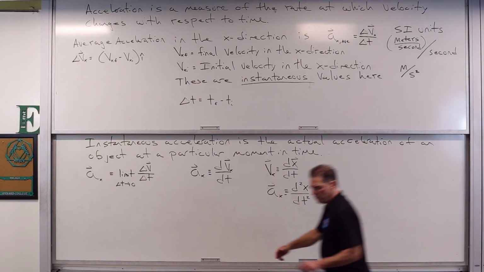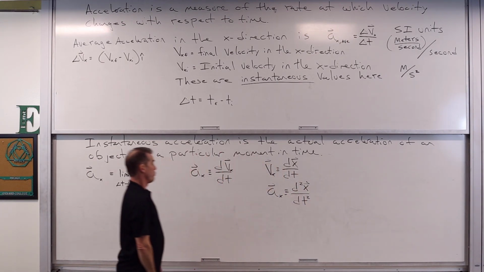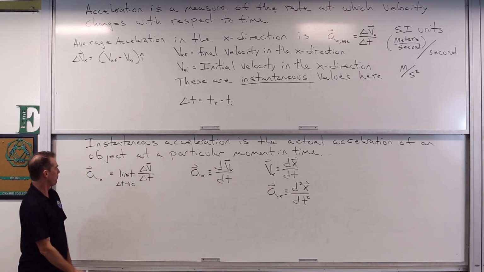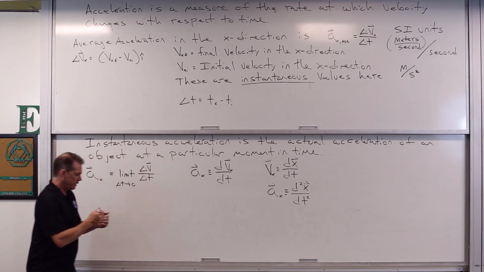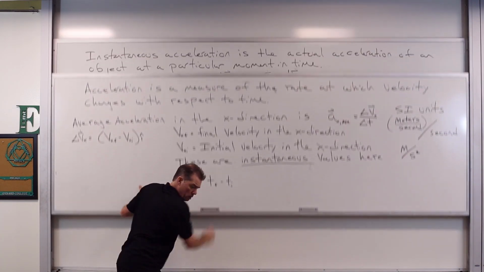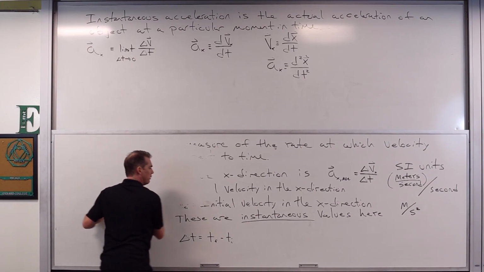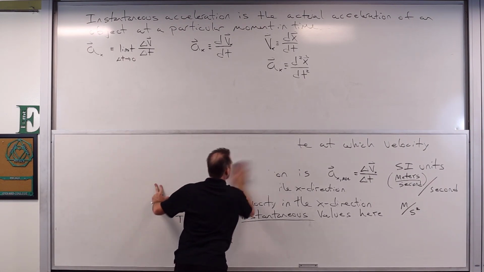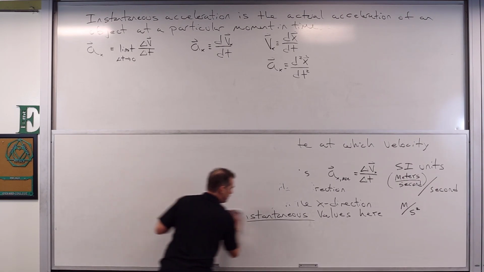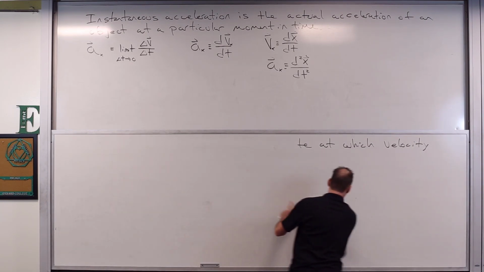All right, so put a little hat on this. Just notice that I dropped that hat. He's proper here. And again, let's just look at some graphical representations. So let's make a little plot of position versus time.